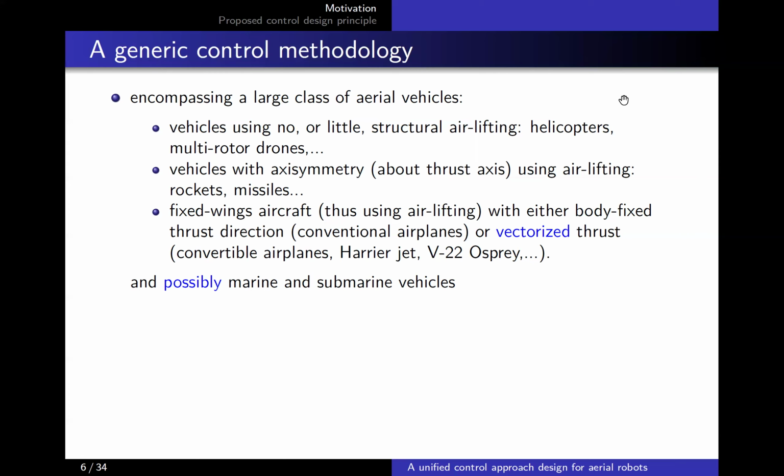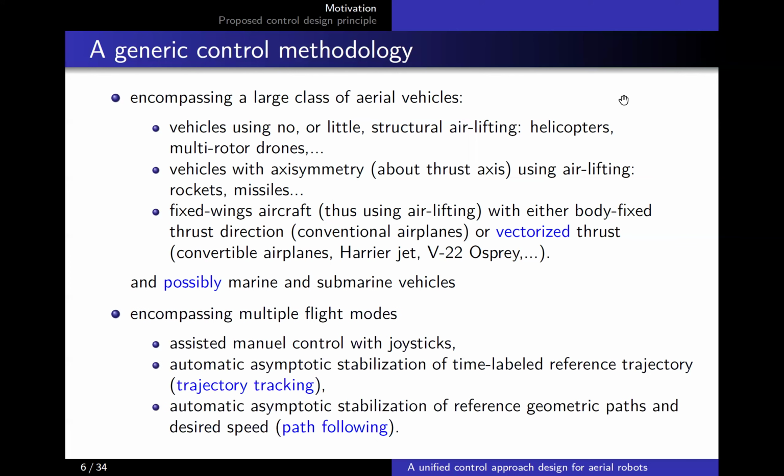The main idea is the way that we would like to solve a problem, not only for aerial vehicles, but also for marine vehicles and submarines, and encompassing multiple flight modes. The first one is assisted mode, that we can control with a joystick, instead of controlling directly the inputs of the vehicle.